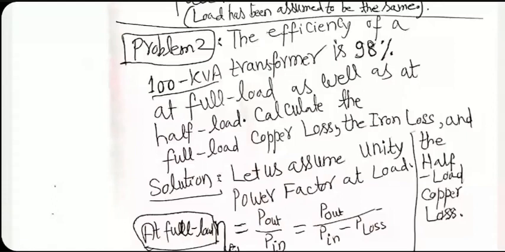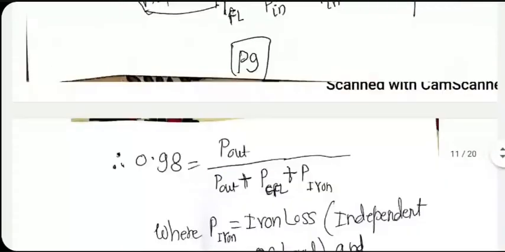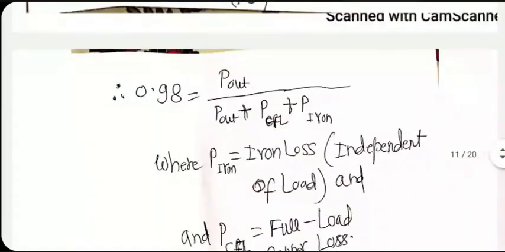Anyway, so keep that in mind and let's look at the basic definition of efficiency at full load. It's P out by P in under full load conditions, which means P out divided by P in minus P loss, right? It can also be written as P out divided by P out plus losses.